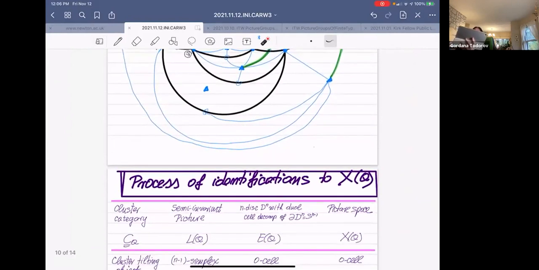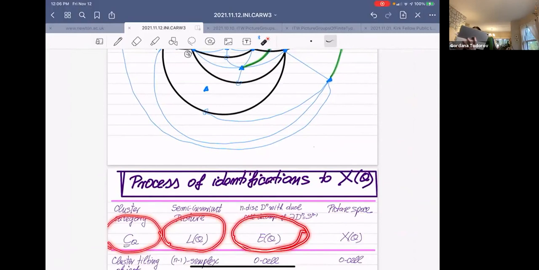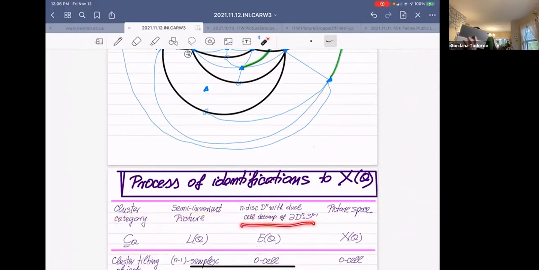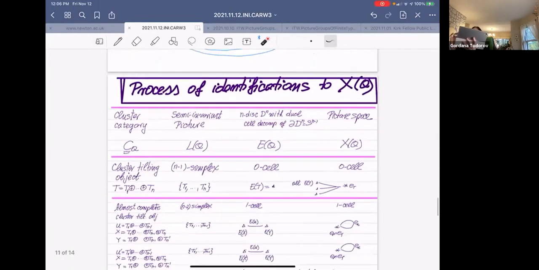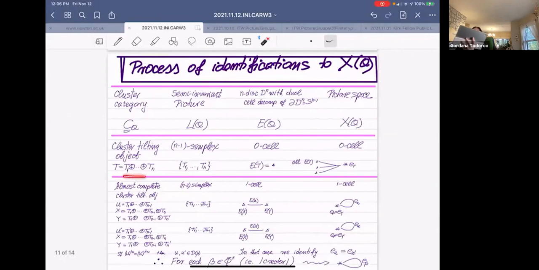So you start with a cluster category, then you have the semi-invariant picture. Then you create these dual cells, which give the boundary of S^{n-1}, and then you identify things here. And if you start with a cluster tilting object, which is an (n-1)-simplex on S^{n-1}, then the dual cell will be a 0 cell, which will be just 1 point.